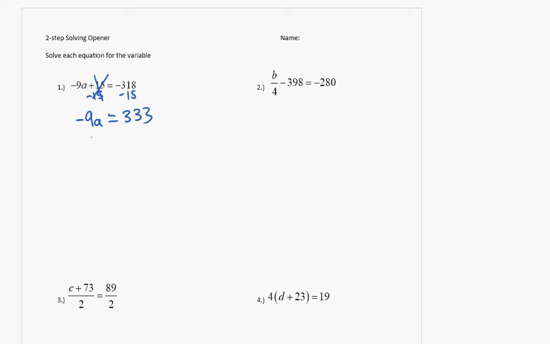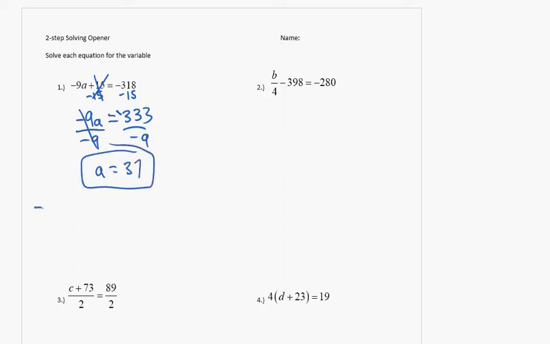Alright, well, now I'm down to a one-step equation. So hopefully you're comfortable enough solving one-step equations. Dividing by negative 9 on both sides isn't too big of a deal. Oops, and I forgot to write my negative on the 333 there. Sorry. There's the negative 333. So negative 333 divided by negative 9 is 37, and there's your answer.